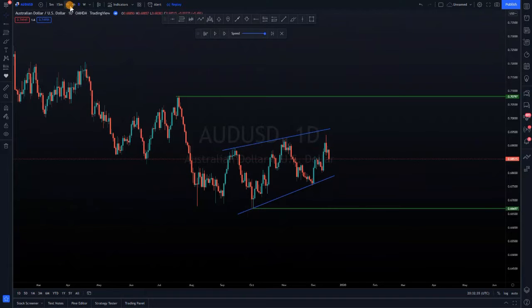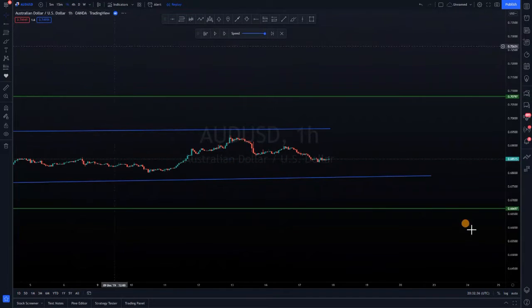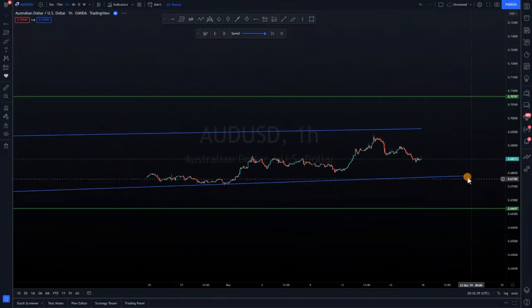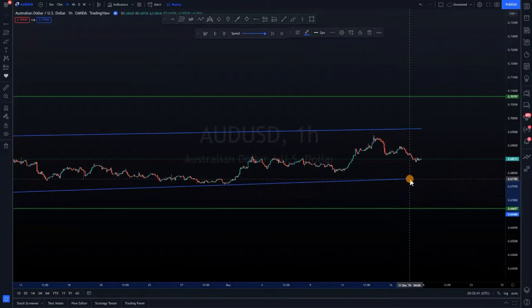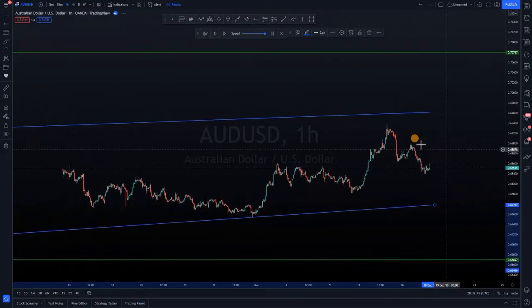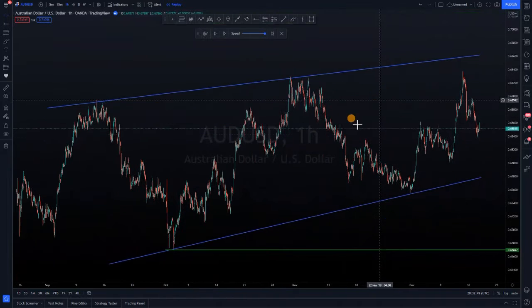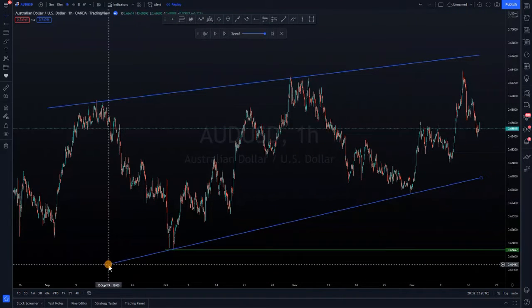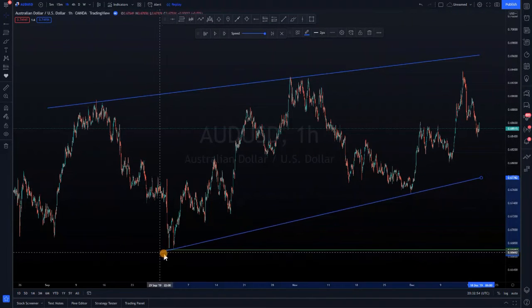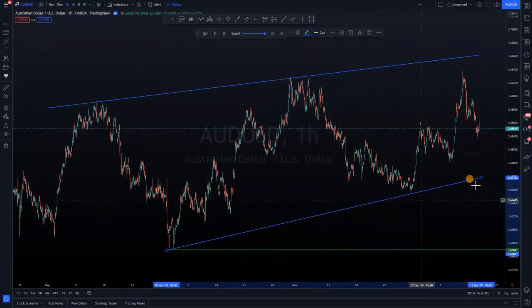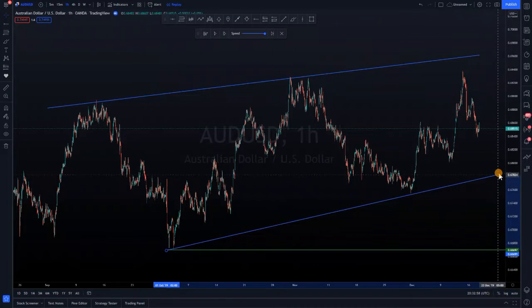Now diving down to a smaller time frame, you want to adjust your trend line accordingly. Basically here we have two touches on the supporting trend line, then we have two touches on the resistance trend line.